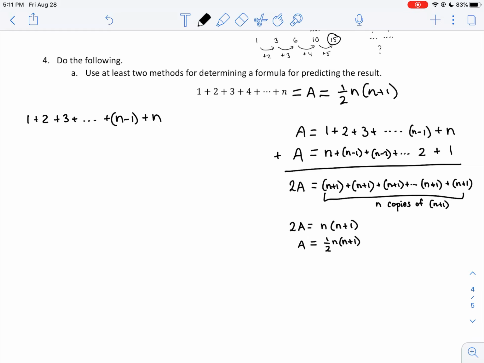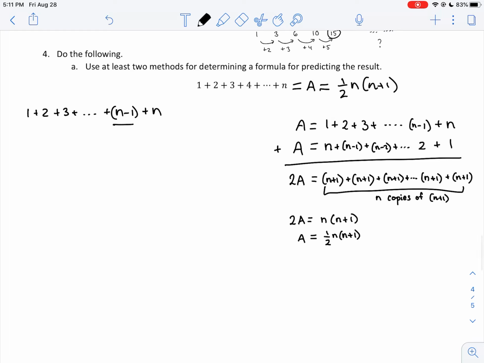All right, so if we start at 1 and we go all the way to n, that means, again, the second to last term was n minus 1. But if we do this sort of alignment this way, I'm going to add first and last, and then add second and second to last, and then third and third to last, etc. Every time you do that, you just get another copy of n plus 1. But you're pairing off the numbers.